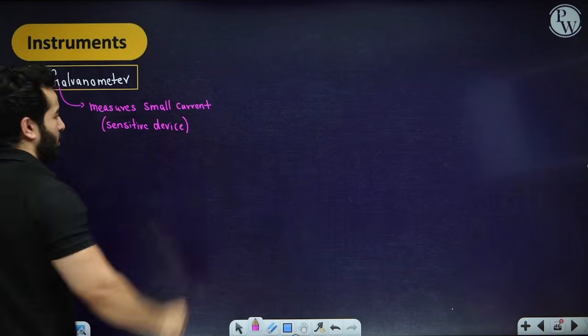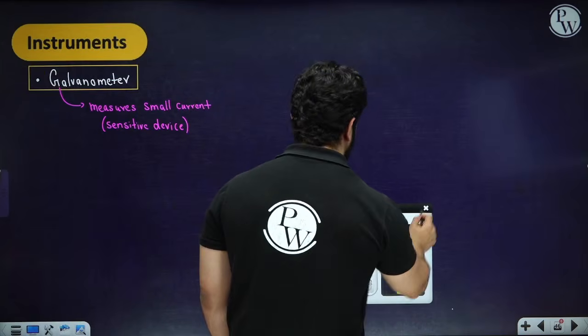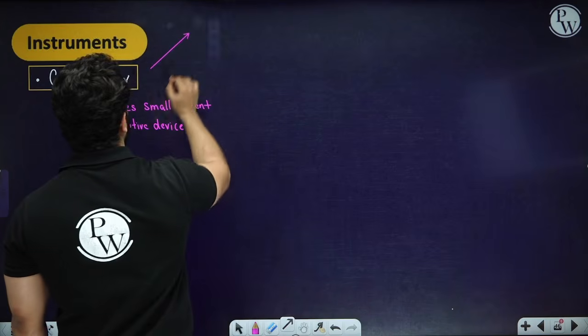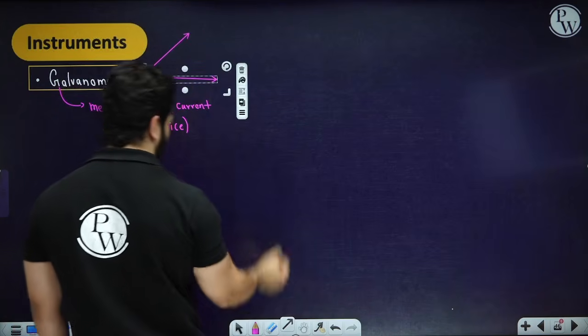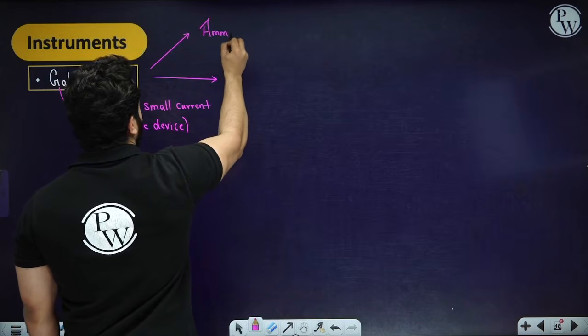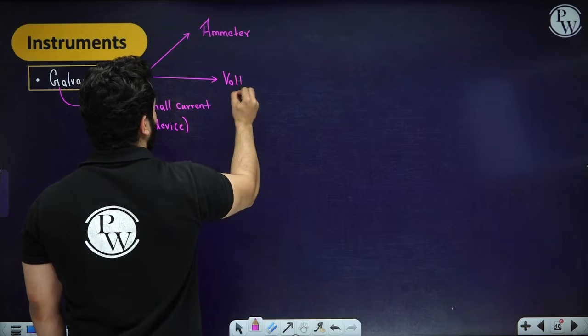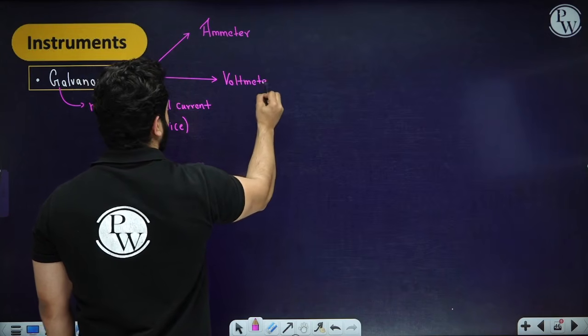So we are going to do two types of conversions from the galvanometer. We are going to convert it into an ammeter, and we are going to convert it into a voltmeter.